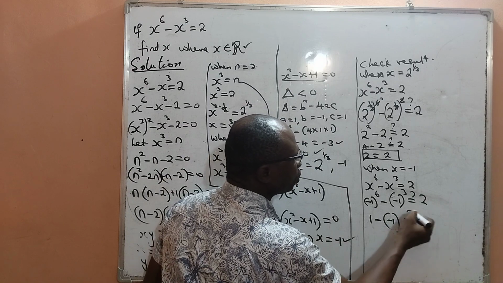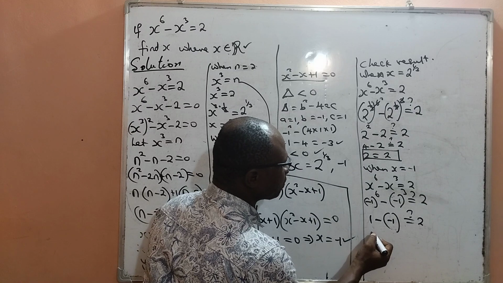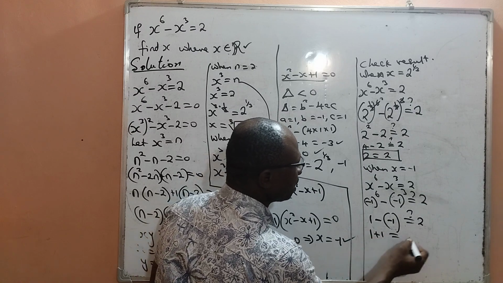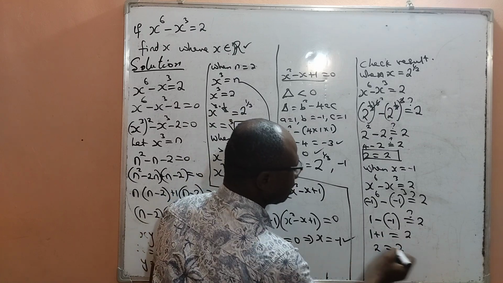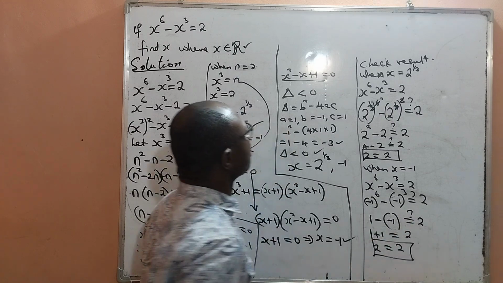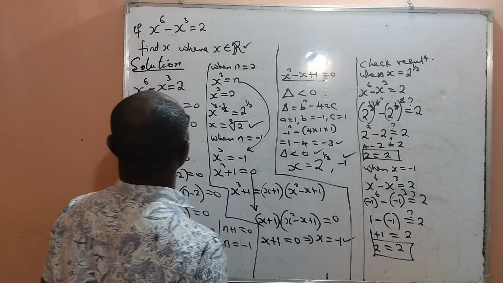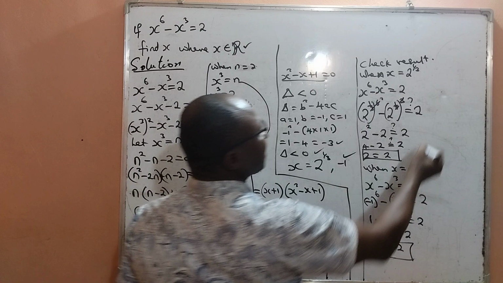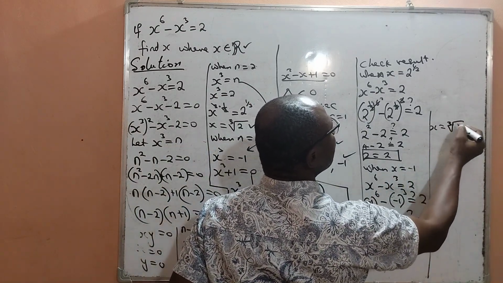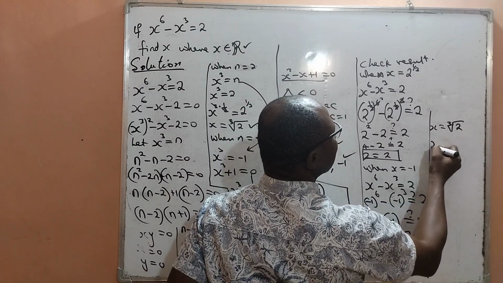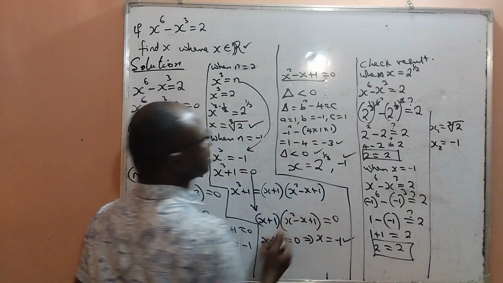Will this be equal to 2? You can see minus times minus will give us plus, so we have 1 plus 1. Is this equal to 2? Therefore, this is actually equal to 2, confirming that the two solutions are correct. Therefore, in conclusion, the values of x are the cube root of 2 and negative 1. These are the real solutions.